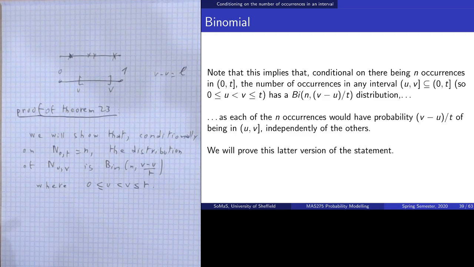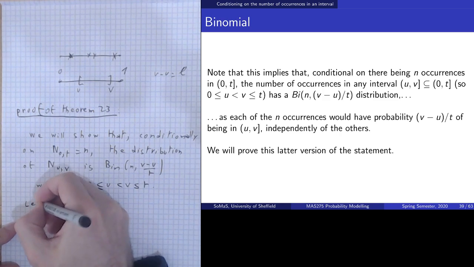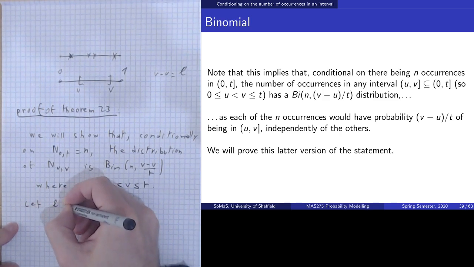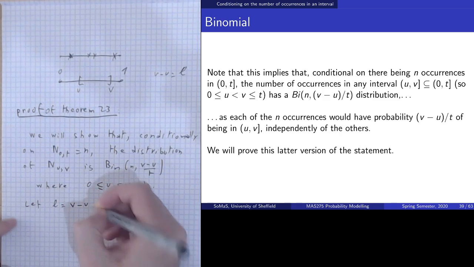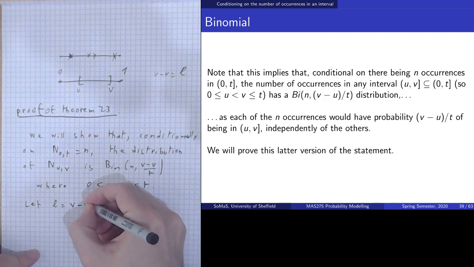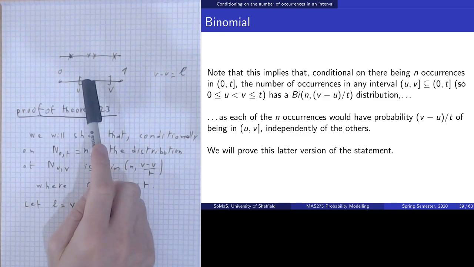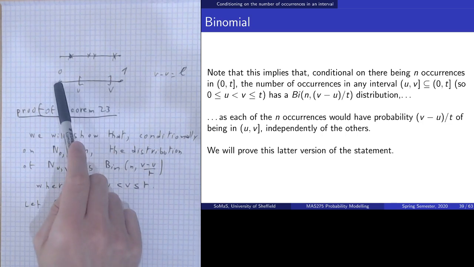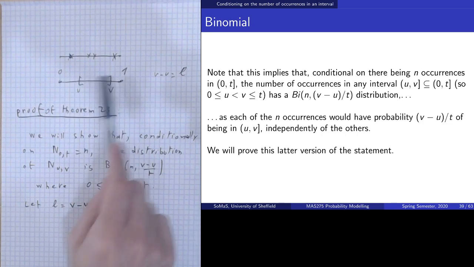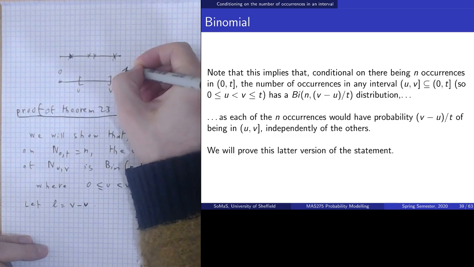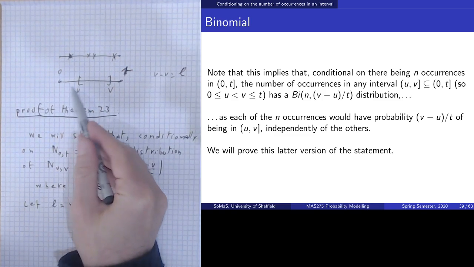And to make things simpler, I'm going to let, just as I did earlier, L be the length of v minus u, because this will get written a few times. Okay, so how do I do this? Well, remember what's going on in the Poisson process. The total number of events happening between 0 and t, let's go back to t instead of 1, is a Poisson variable.